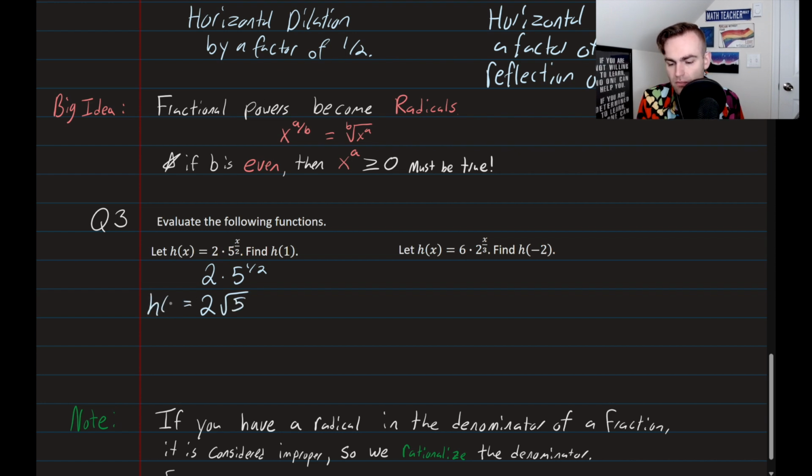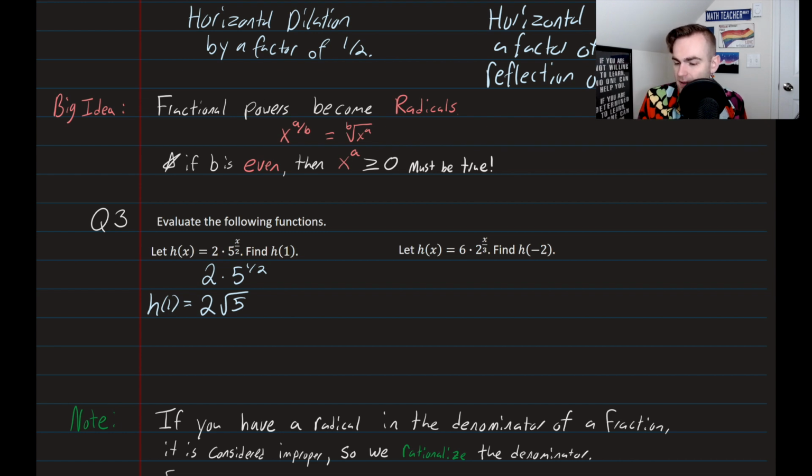There is no more to be done. We can find a decimal approximation, but most of the time if you have a problem like this, it's best to leave it in its exact form. Now if we could simplify the radical of 5, we would try to do that, but for now, that's all we need to do, and if you have questions on simplifying radicals, make sure you ask me.